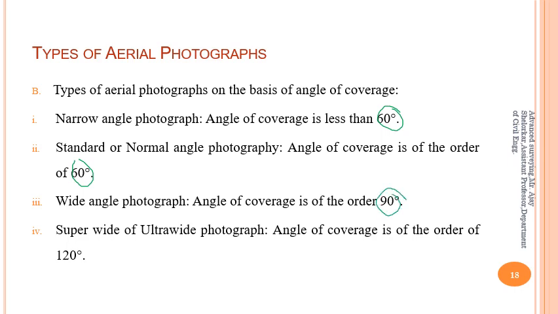Then super wide or ultra wide photographs: angle of coverage is of the order of 120 degrees. These are, with respect to angle of coverage, narrow angle, standard or normal angle, wide angle, and super wide or ultra wide photographs.